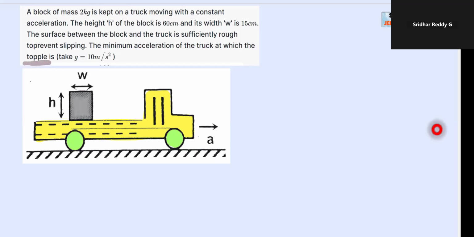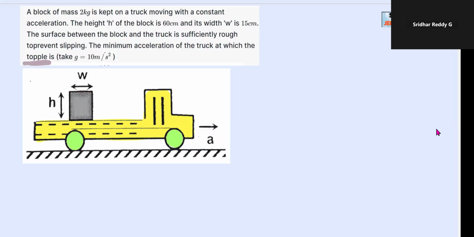Fine. So there's a block of mass m kept on an accelerating truck. The height is given as 60 centimeters, the width is 15 centimeters, and the friction is sufficiently rough. The mass of the block is 2 kg. It asks us to calculate the acceleration of the truck.